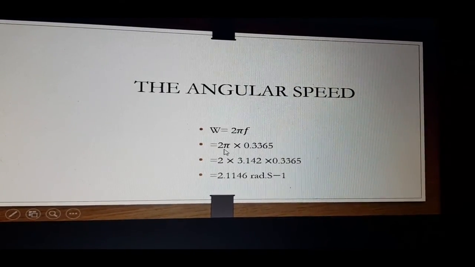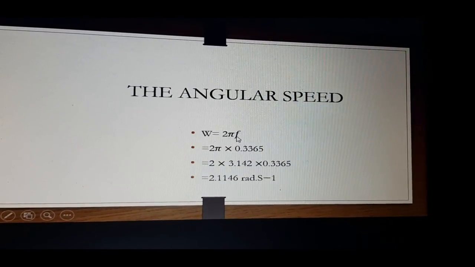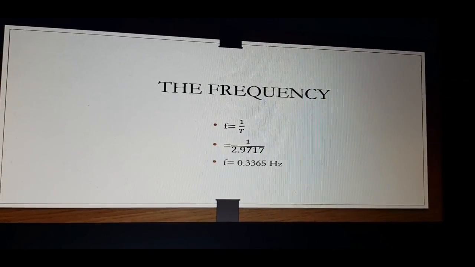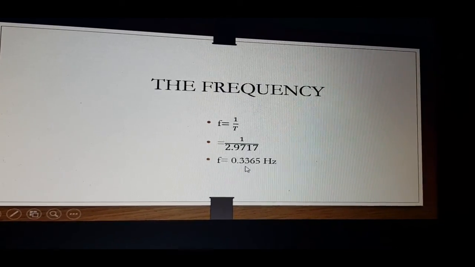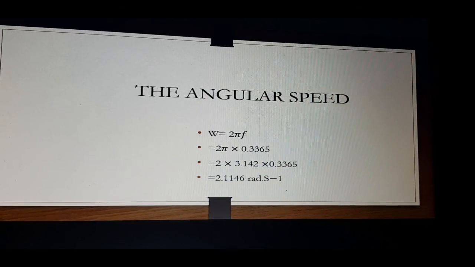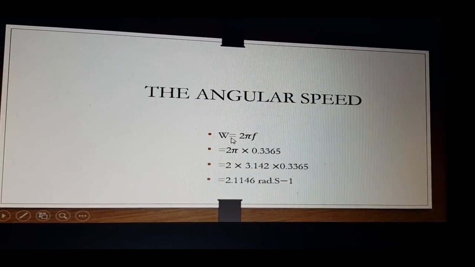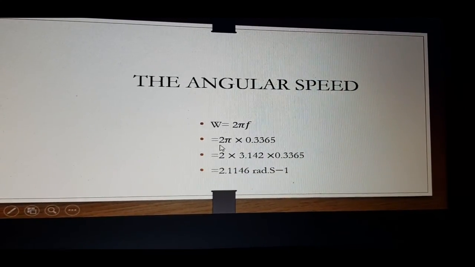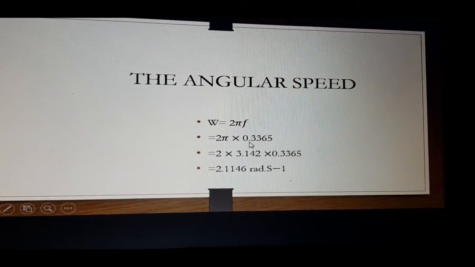Then we said 2 pi. If you remember, class, we have already calculated our frequency. This is our frequency, class. So we just take our values and insert them here. Why? Because we have the frequency and we are looking for angular speed. This f represents the value that we calculated.